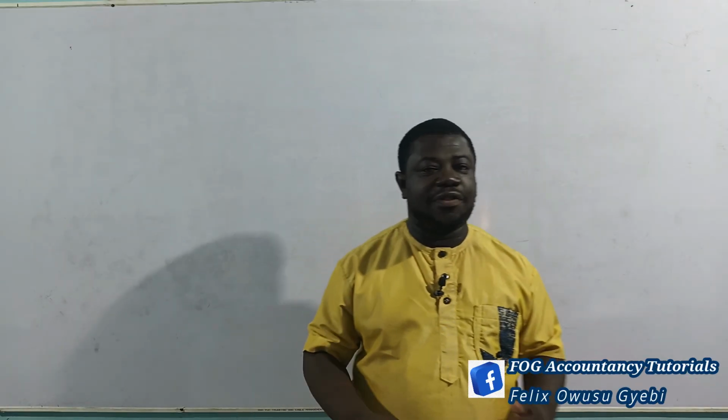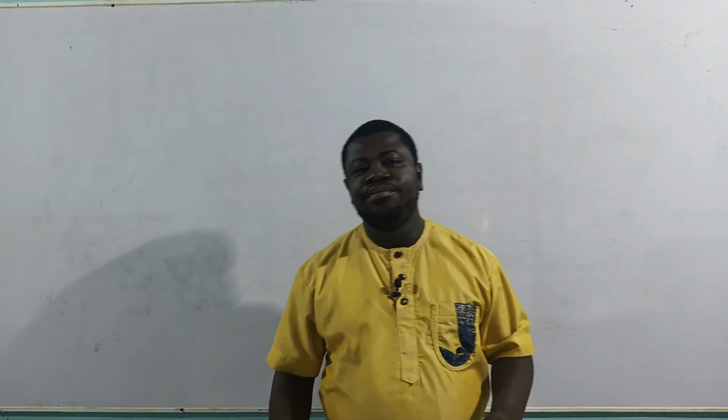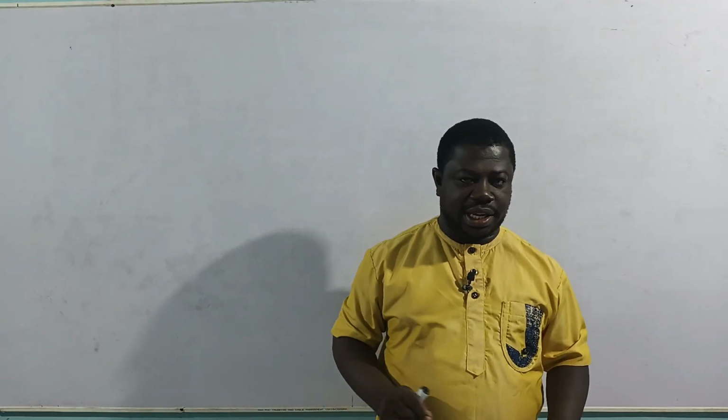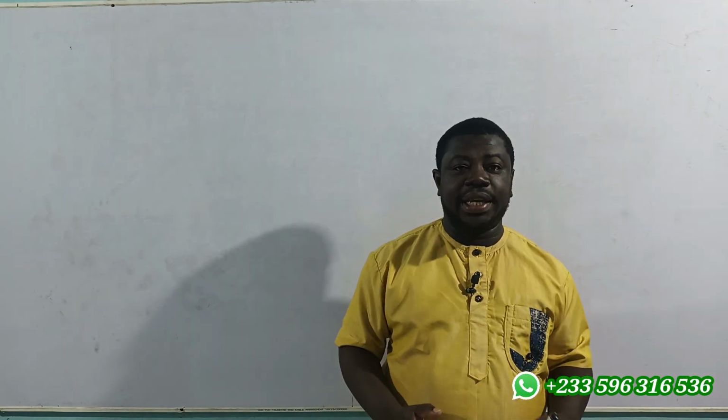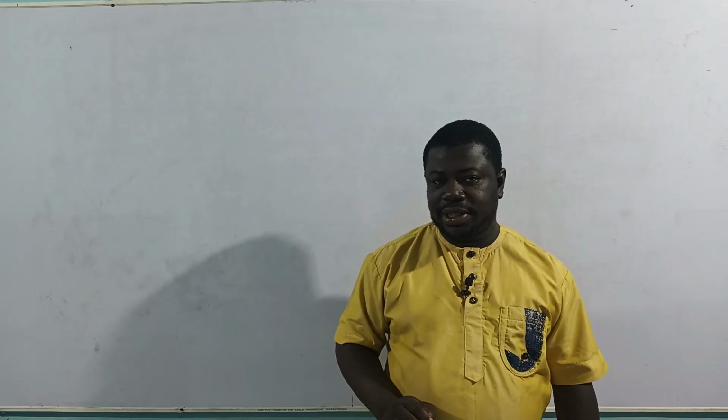Now, there are key things that we need to analyze from the question before we can even give our advice on this. So let's begin looking at the question again, and I'm going to highlight the key things that we need to know. In fact, one of the first things you need to ascertain is the date where the accounting year ends. Okay, so let's go back to the question.